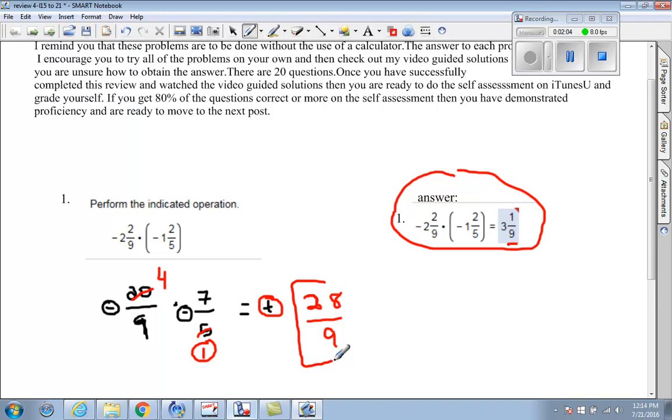Now you might be looking at this saying, hey, how is 28 over 9 3 and 1/9? Well, it is. Think about it. If you have to, go off on the side. 9 goes into 28 3 times with how many remaining? 1. 3 and 1/9. So now we see that.